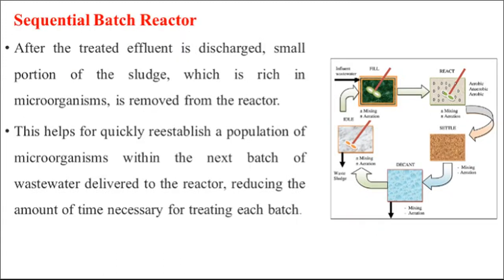Then after the treated effluent is discharged, a small portion of the sludge which is rich in microorganisms is removed from the bottom of the reactor. This helps to quickly re-establish a population of microorganisms within the next batch of wastewater delivered to the reactor, reducing the amount of time necessary for treating each batch.